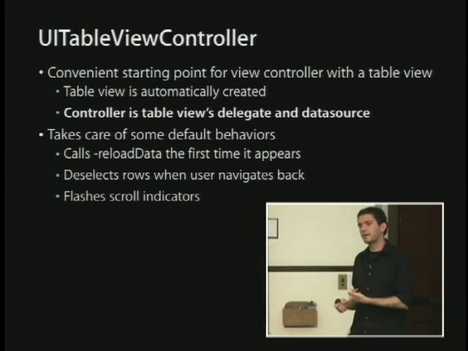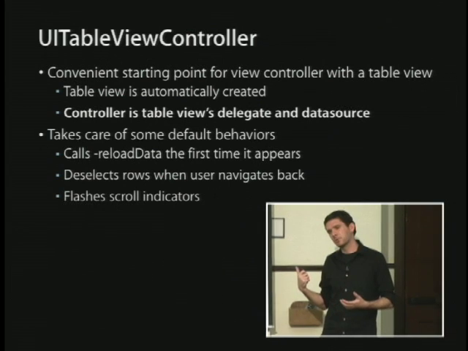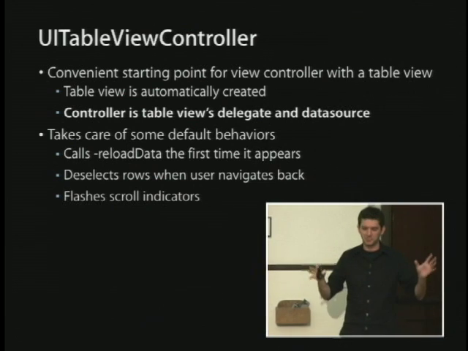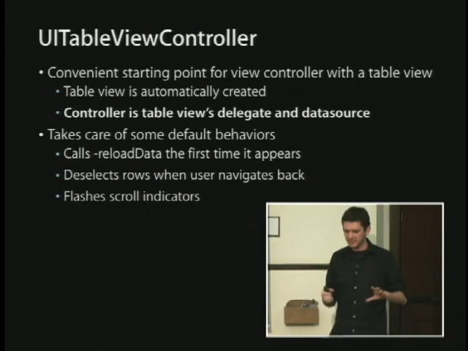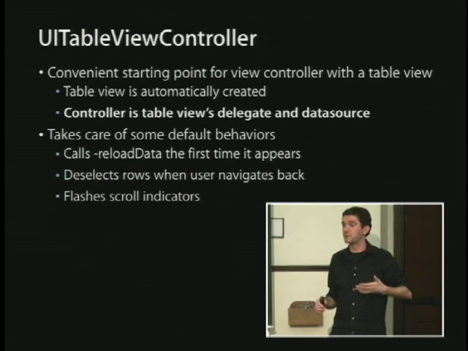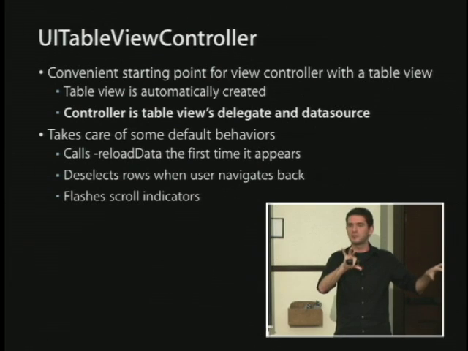It calls reloadData for you the first time it shows up. It deselects rows when the user navigates back. So you kind of saw that in that video. If you weren't paying close attention, I'm sure you didn't notice because we went through pretty quick. Basically, the idea is if you have a row, say we're in Mail and we've got our list of messages, we tap on one of the messages and we navigate to that actual message. It slides in.